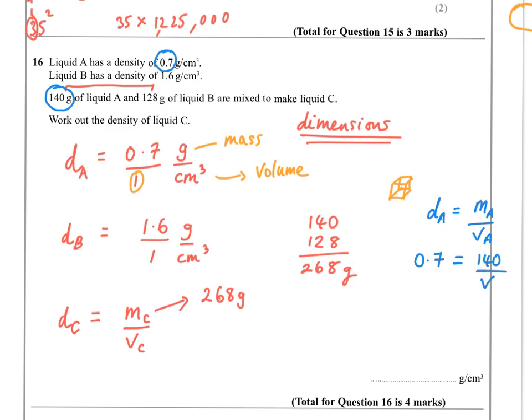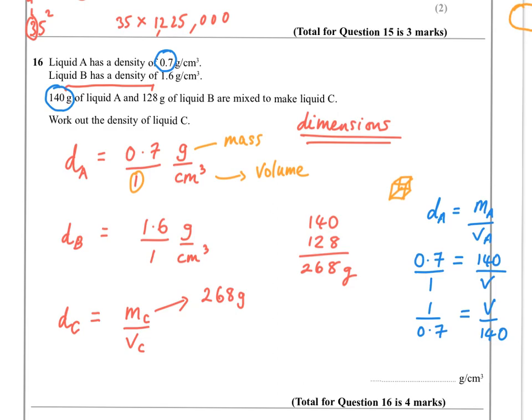So if you times both sides by V and divide both sides by 0.7, or if you don't like that, you can treat this as a fraction and turn the left hand side upside down, i.e. find the reciprocal, and do the same to the right hand side, and then times by 140.